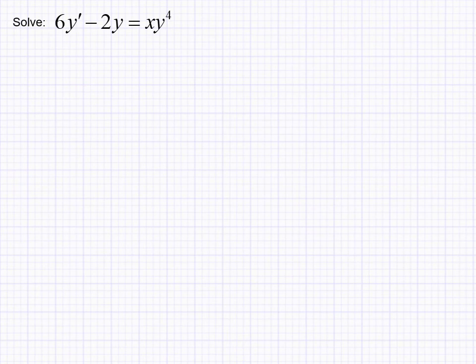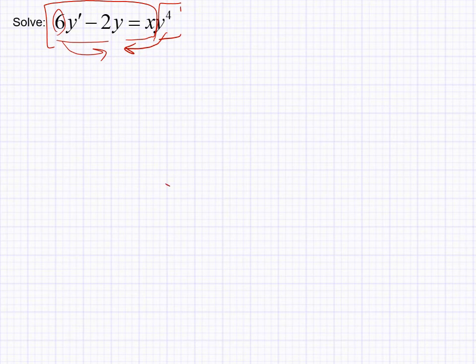So in looking at this next example, what you see here is we now have a y to the fourth. Aside from the y to the fourth, everything else is basically ready to go, except for the 6. We probably should divide the 6. So we'll divide the y to the fourth this way and the 6 this way.